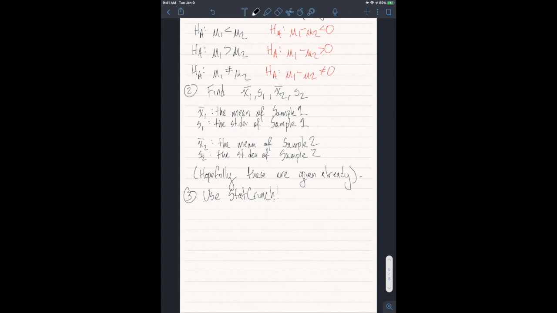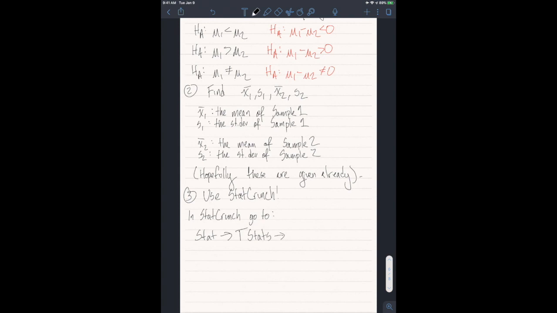In StatCrunch, go to, well, let me put this online. Go to the Stat menu, and then after you click on Stat, you choose T Stats.